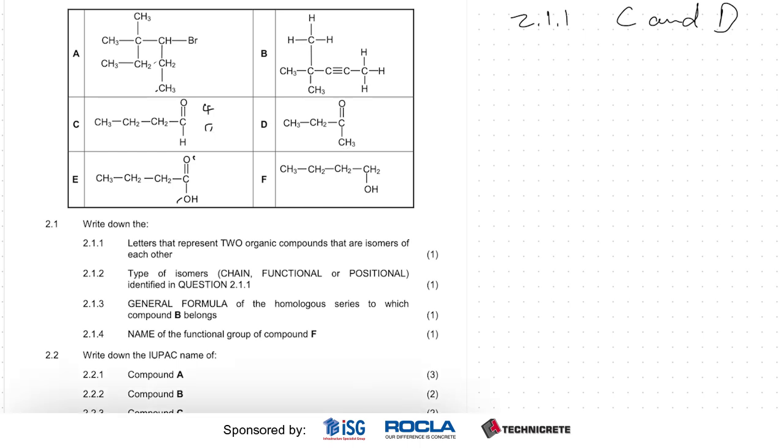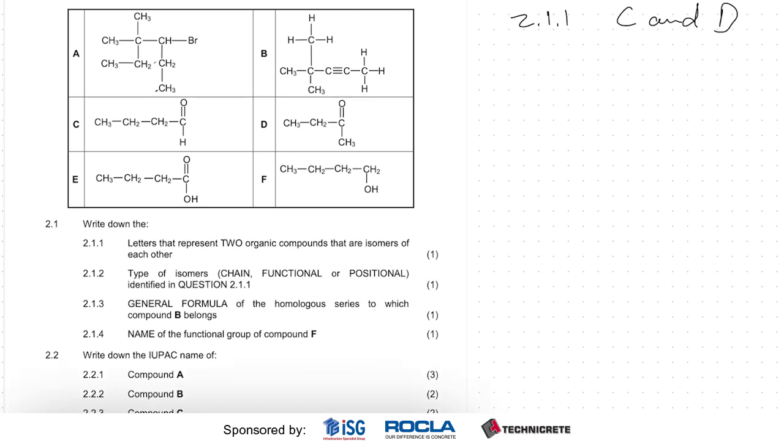Moving on. Type of isomers, chain, functional, positional, identified in question 2.1.1. Okay. So these isomers are not functional. I mean, let's see. How are these isomers related?